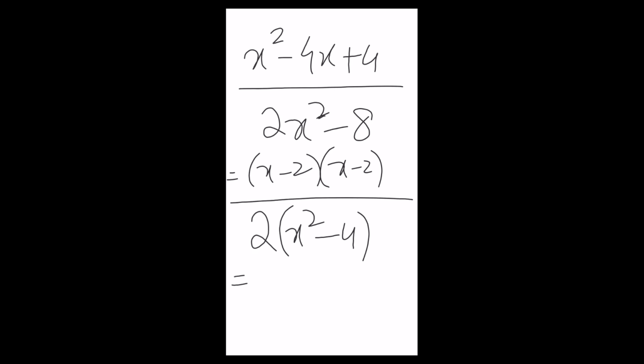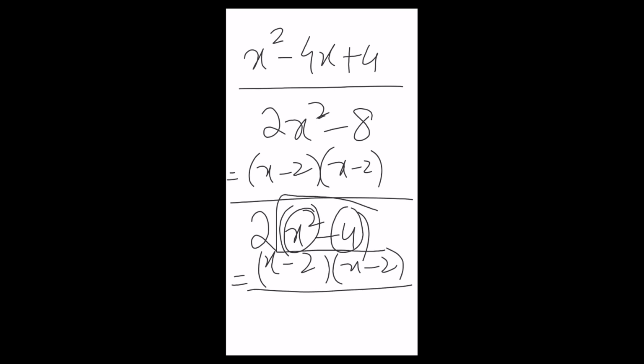So you write x minus 2 and x minus 2, that's your numerator. And now, if you just think about this term, x square minus 4, it's similar to the formula I made you write, a square minus b square.